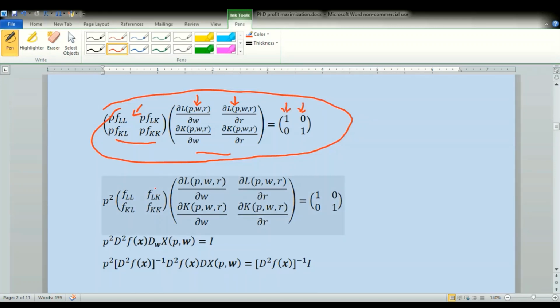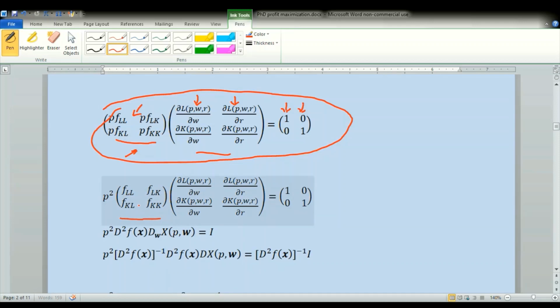I have taken here in the second step P common from this matrix. So when it comes out, it is like P square, and this is the rest of the system. And now see that this is the matrix of second derivative of the production function.